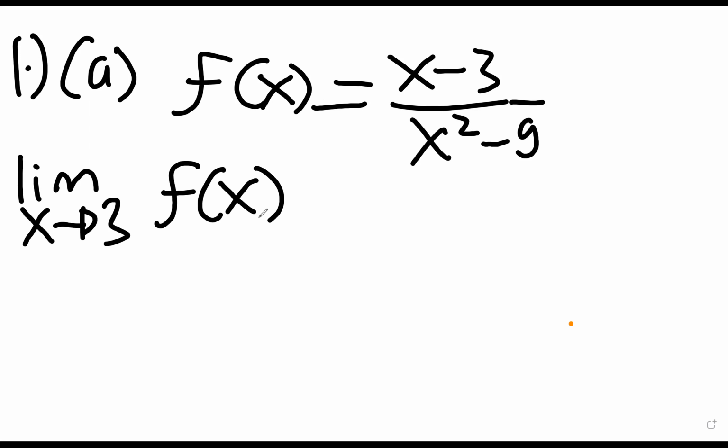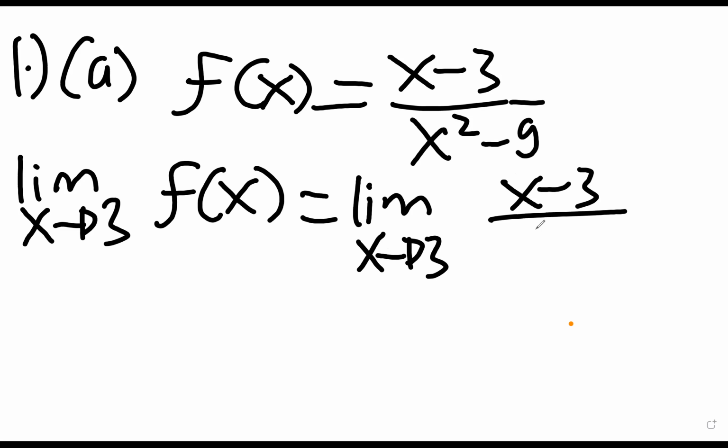The idea is that here f is undefined at 3, but I want to know the value of its limit. So here, limit x tends to 3 of x minus 3 divided by x squared minus 9. And here, we know that x is not 3.